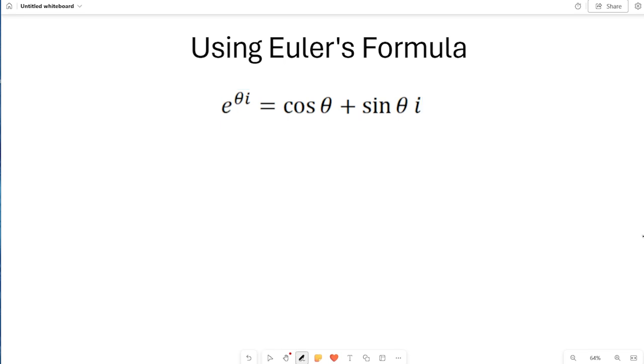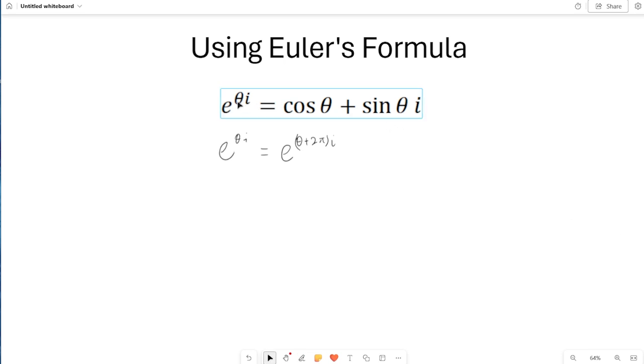If you have a complex number, it should be the same as a 360-degree rotation. So if you increase the angle or the argument by 360 degrees or 2 pi radians, everything should be the same.